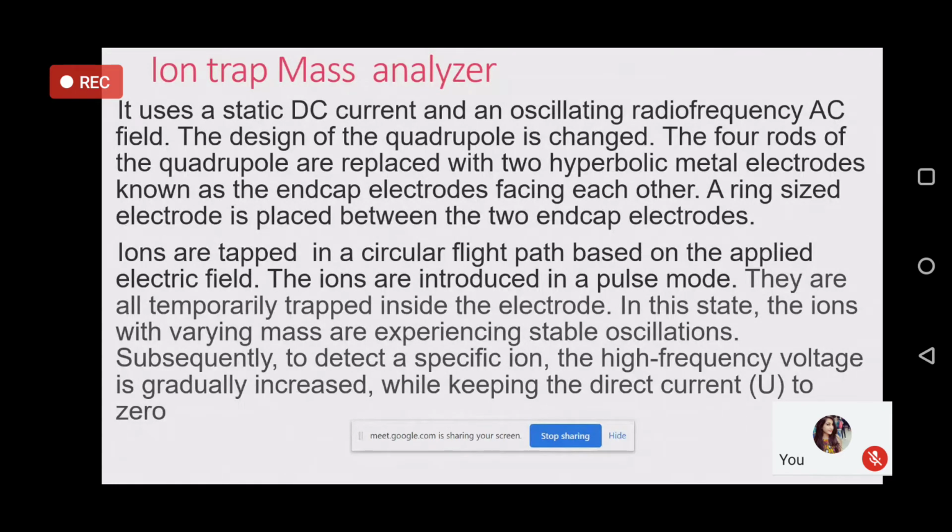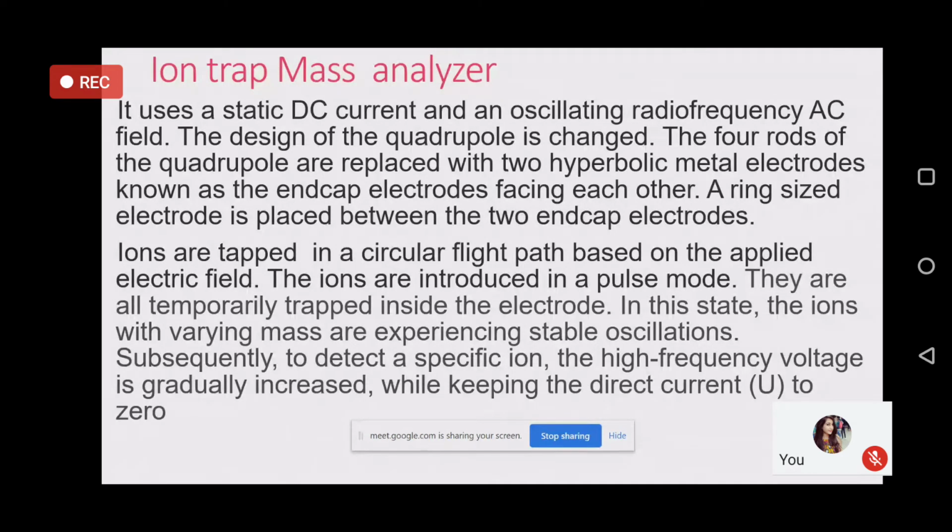Because your equation is the velocity v is equal to, what will be the equation? M upon 2z into capital V, that is the applied voltage. So if m by z is common, and V is common, the velocity will be same. If m by z is different, V is common, the velocity will be different.